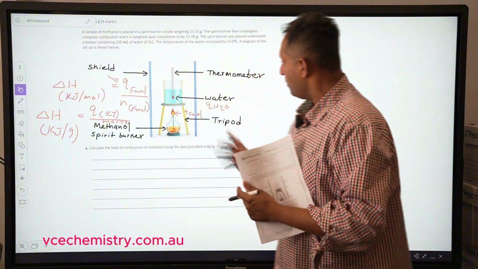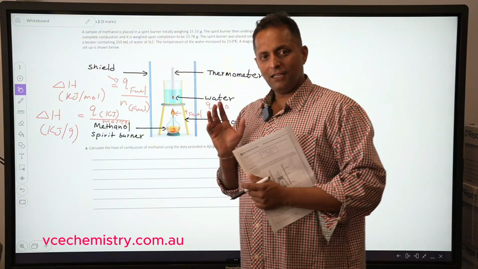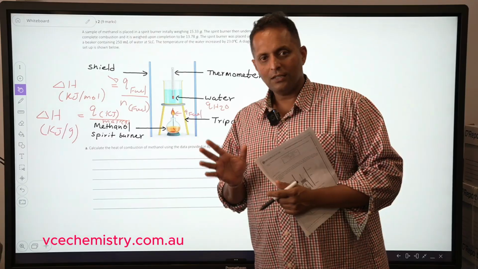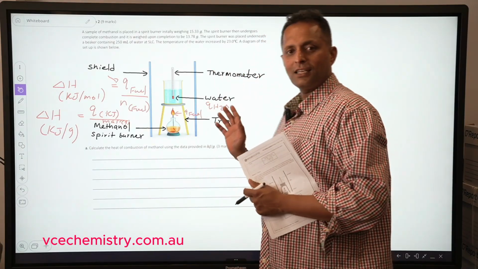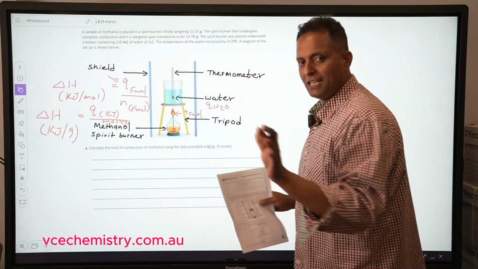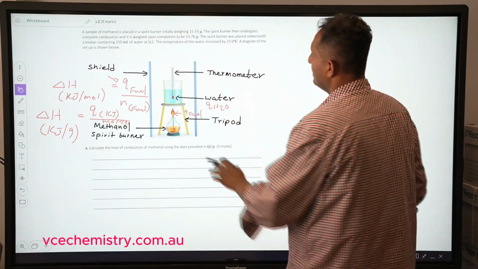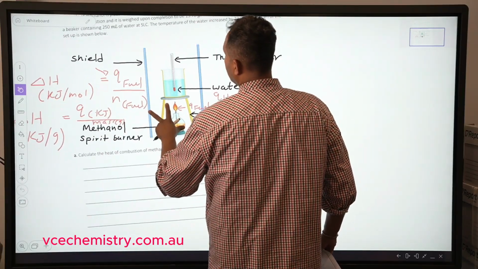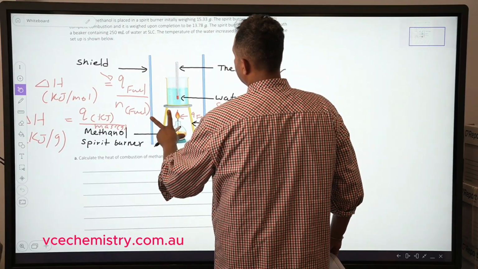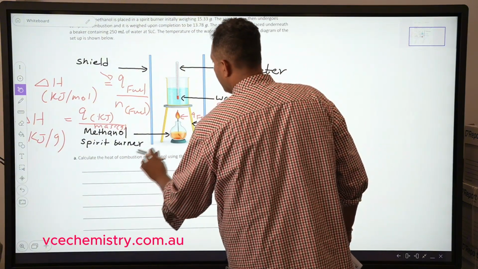Is that clear? So what do we need to do? First, we need to find out the amount of energy the water absorbed, which is Q water. Let's find the Q water. That's not that difficult. So let's do it here.